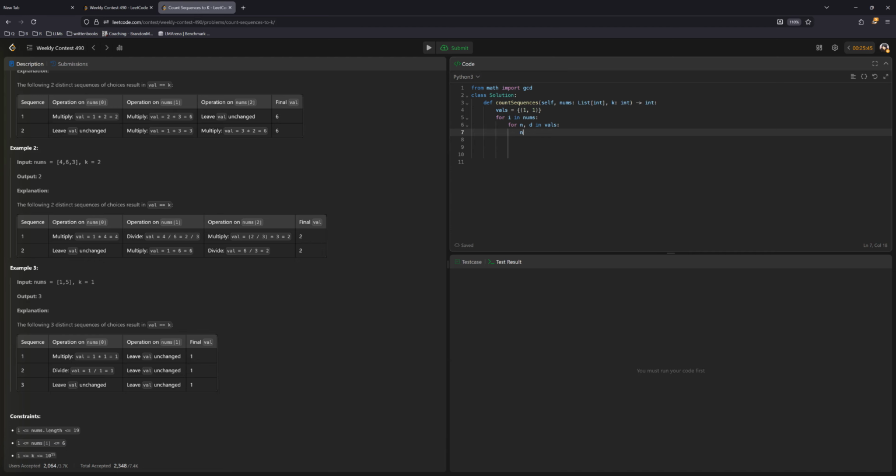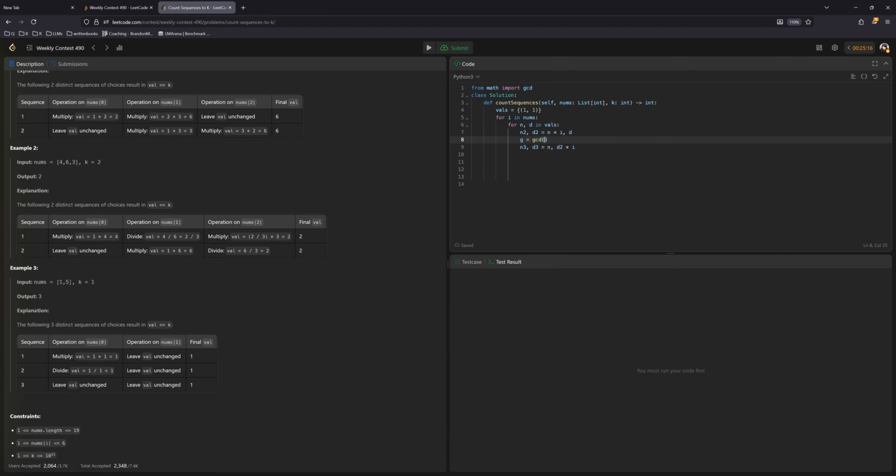So n2 d2 equals this times i. And then n3 d3. Now we have to reduce them.